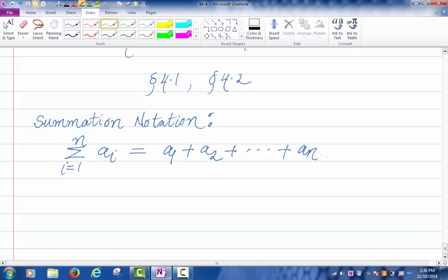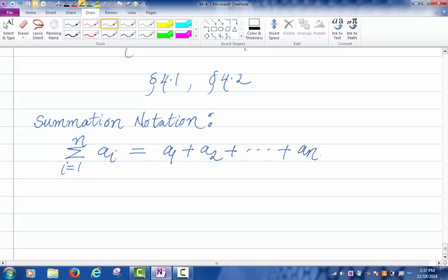So what is a_i? a_i stands for a formula for the ith component. If you have a sum and the sum has n summands, how many summands do I have? n of them. And a_i is telling you what is the formula for the ith summand. How do you compute the ith summand?